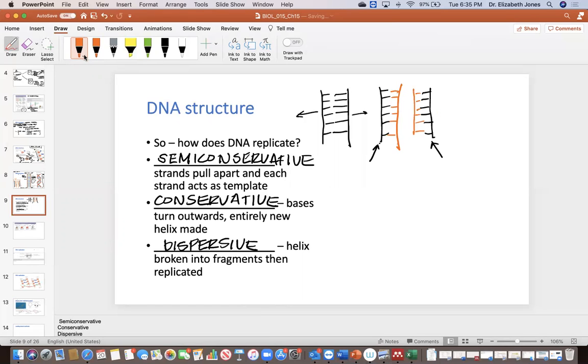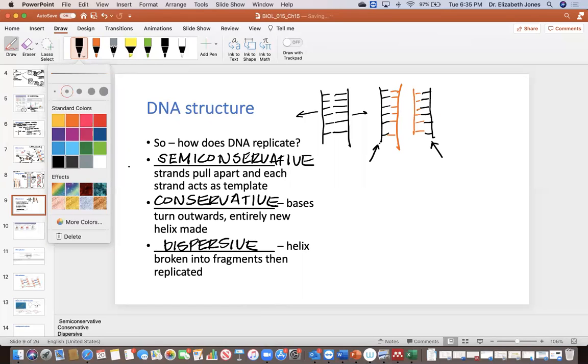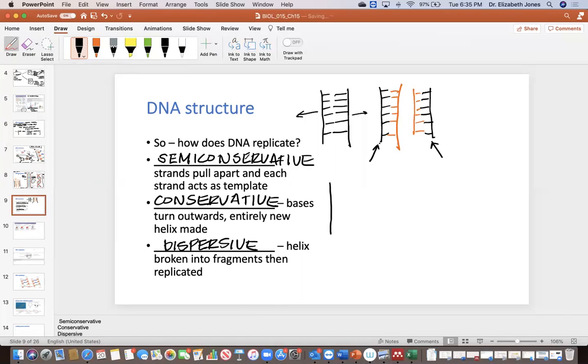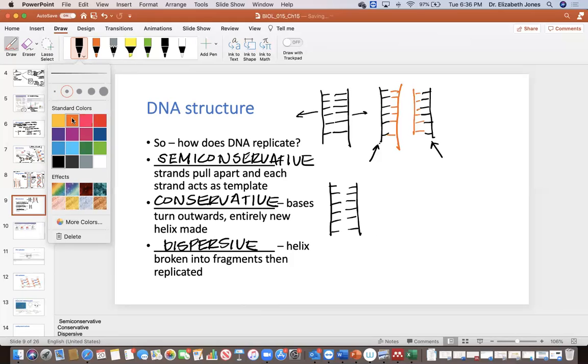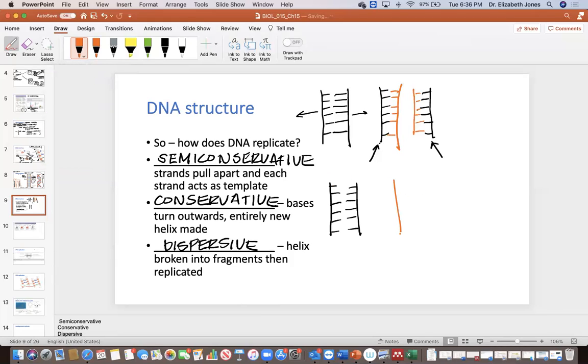Let's contrast that with this idea of conservative replication. In conservative replication, what folks thought might happen was that you had an original strand of DNA and that somehow this entire strand was copied like a photocopy so that you'd have one entirely old strand and one entirely new strand, okay?